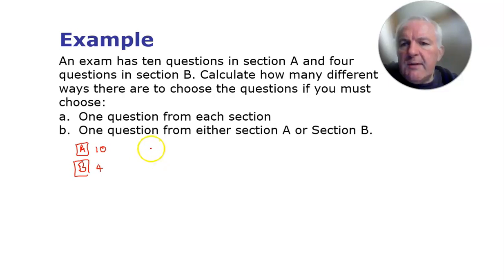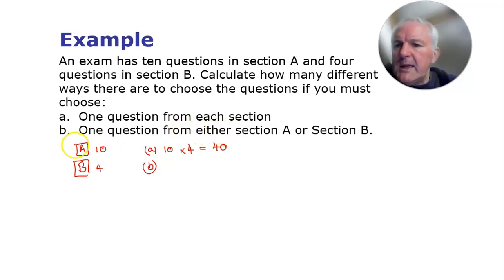Now, if I've got to choose 10 from the first, so this is part A now, if I've got to do 10 from the first, and this is the critical way, because it's one from each, you've got to do one from that and one from the other. So I've also got 4 choices in the second one. The product rule for counting, 10 times 4 is 40. That was easy enough, and it should be easy. One question from either section.